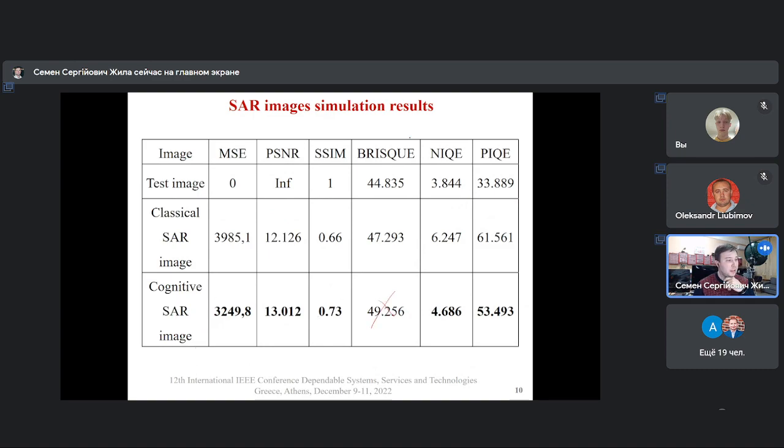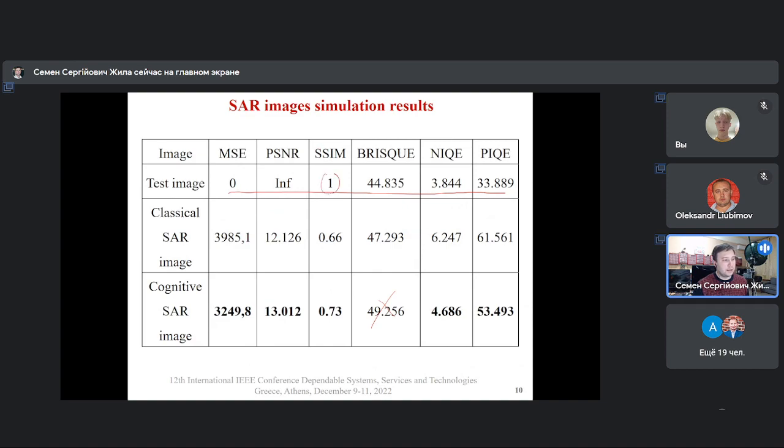This showed the results of measuring metrics with a test image, self to self. For mean square error, the lower the better, and we see that this one is lower. For PSNR, the higher the better, and we see that this one is better.